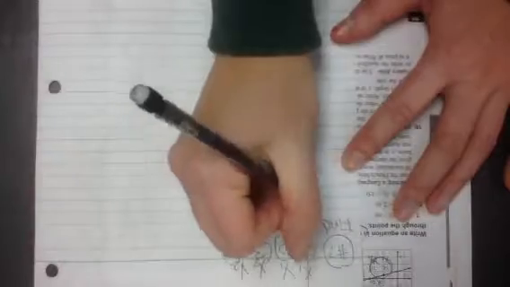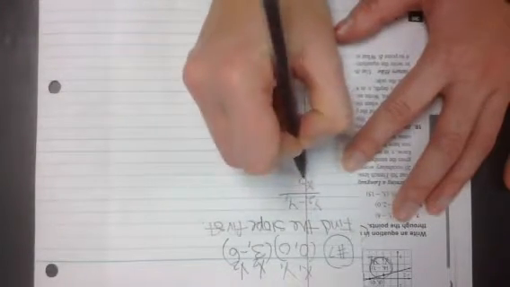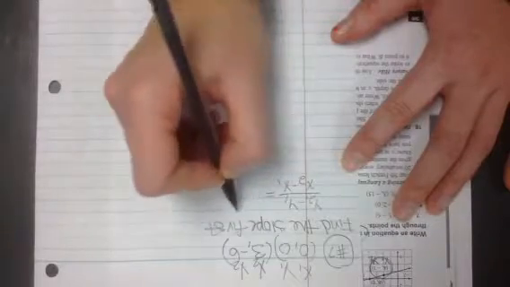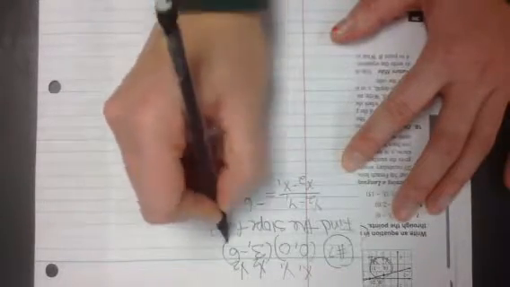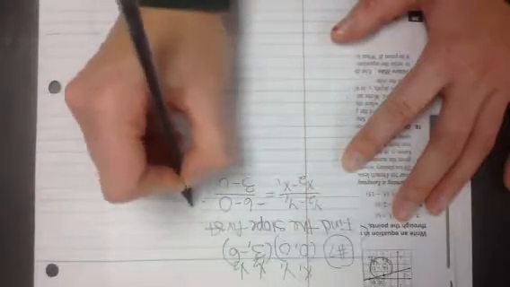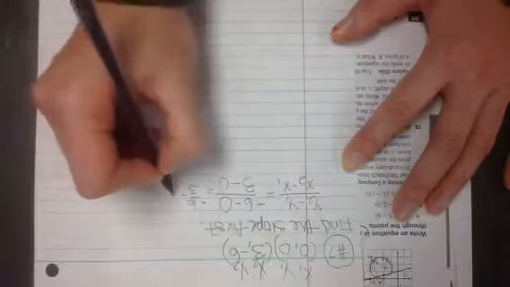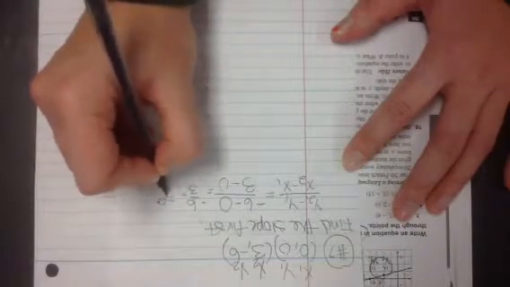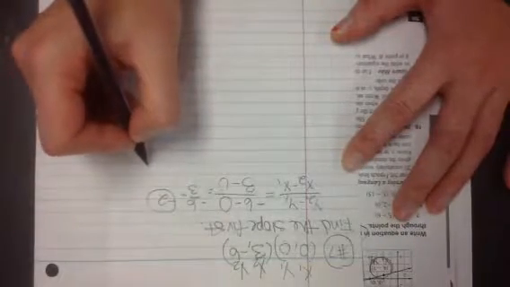So this is x1, y1, x2, y2, and the slope formula is y2 minus y1 over x2 minus x1. So we have negative 6, and we're subtracting 0, all over 3, and we're subtracting 0. So we have negative 6 over 3, so negative 6 divided by 3 is a negative 2. So that is our slope.